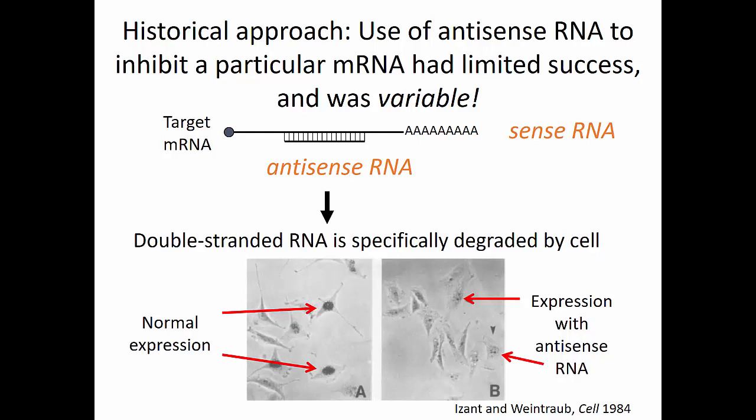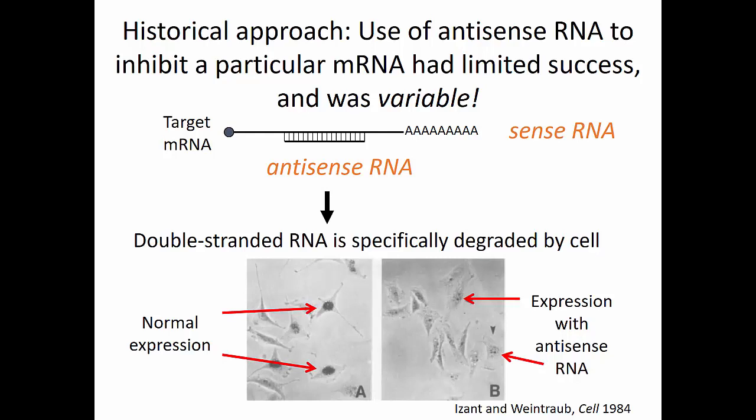And so people have been very interested in doing this experimentally so they can inhibit genes in cells. Inhibiting genes in living organisms has been a goal of experimental genetics for a long time. This is the primary way we learn what the function of a particular gene is.